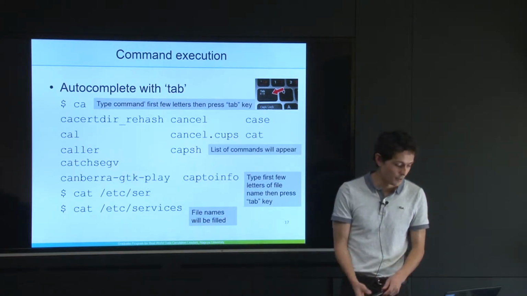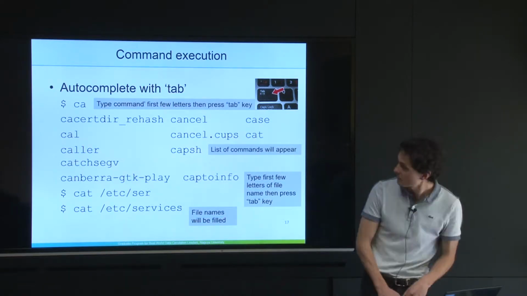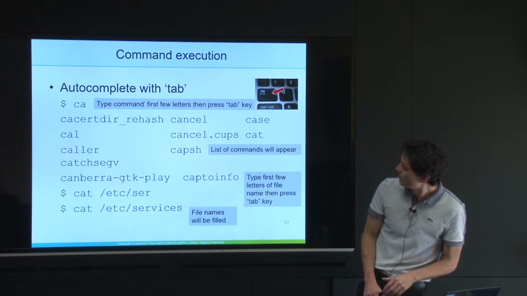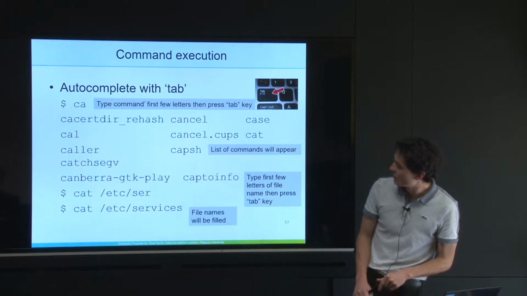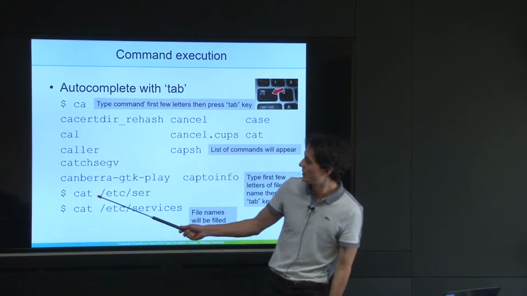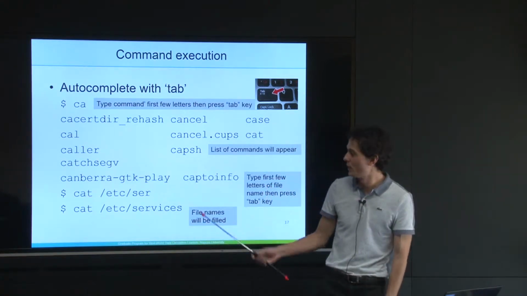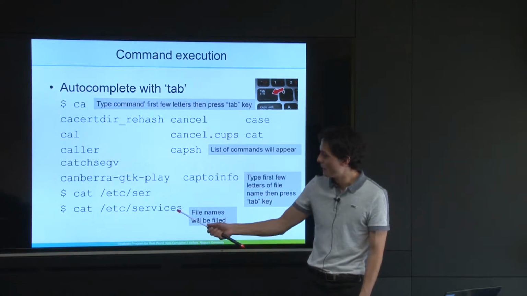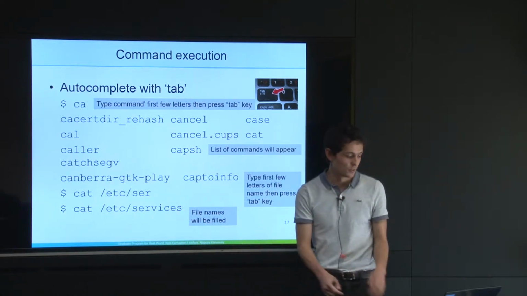Okay, and there's a few other things you can do, like for example, we're going to look at these commands later, but the cat command just shows you the end of a file. So there's a file here called services, which lists all the services that you have.